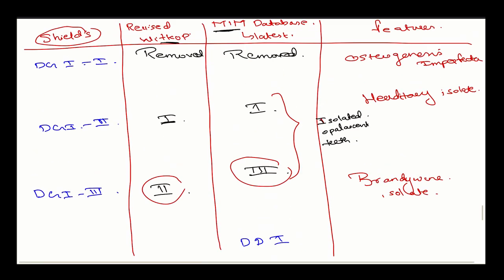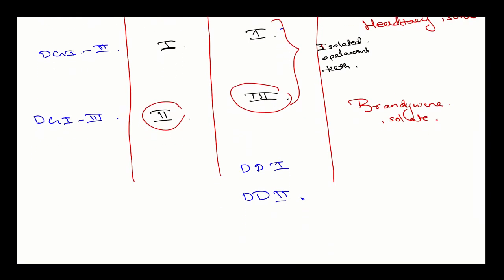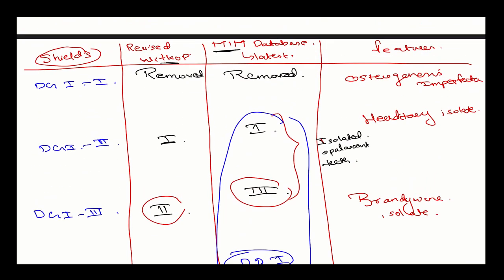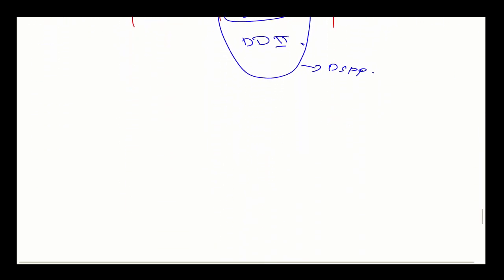So what is the genetic defect in all these? It's common except in type 1, which they actually didn't know, and some even say that it is the same. It's the DSPP gene, the dentine sialophosphoprotein gene, so they should have a common origin. This is not very difficult, only the names are to be known: osteogenesis imperfecta, hereditary isolate, Brandywine isolate.